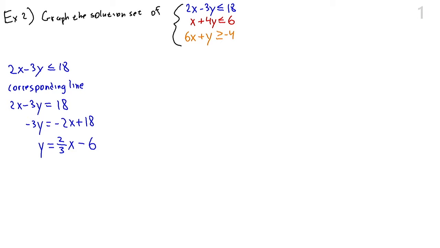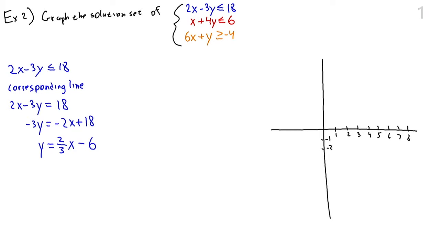And so we're going to graph that. So the y-intercept is at negative 6, and the slope is 2/3, so for a rise of 2 we have a run of 3.